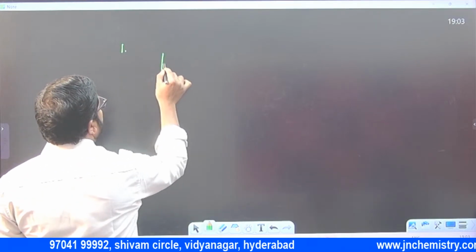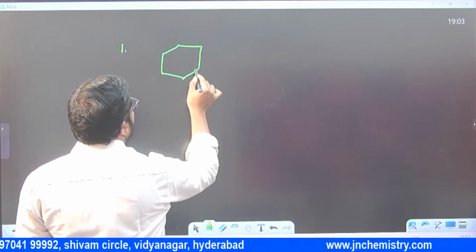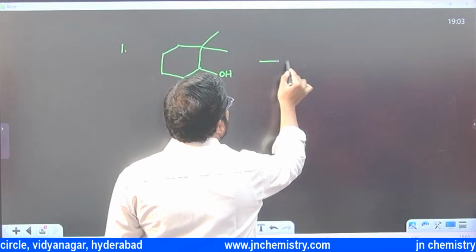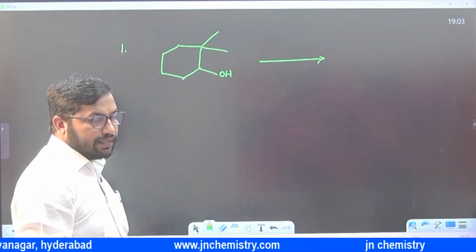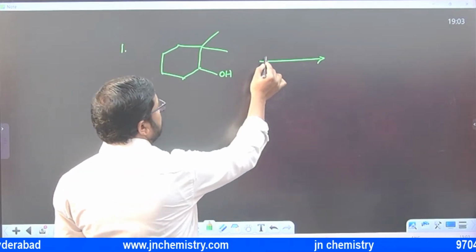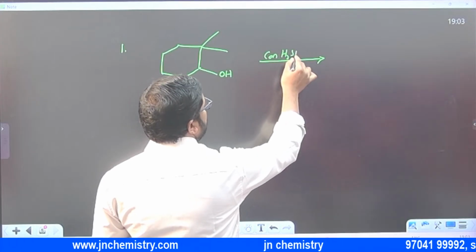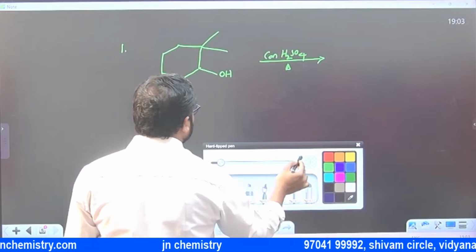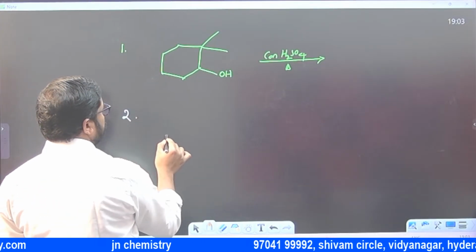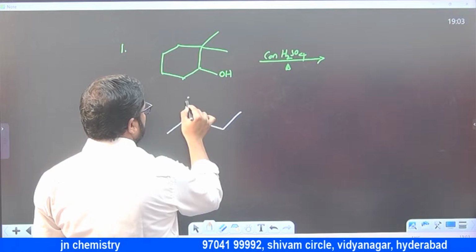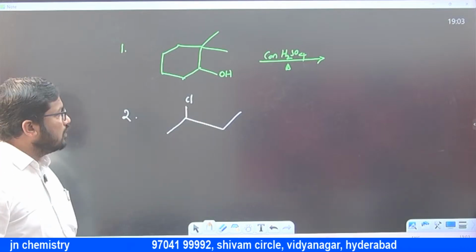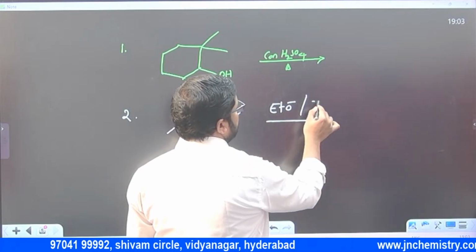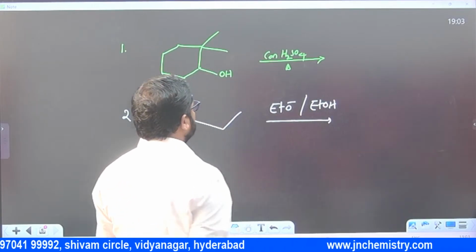The first compound, here we can take concentrated H2SO4 on heating. Second, 2-chloro, EtO minus, EtOH.